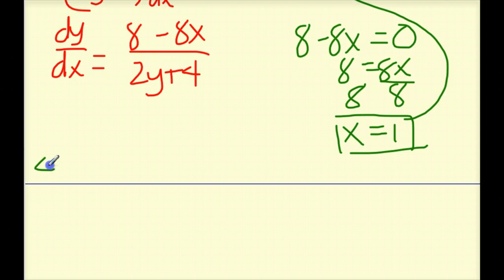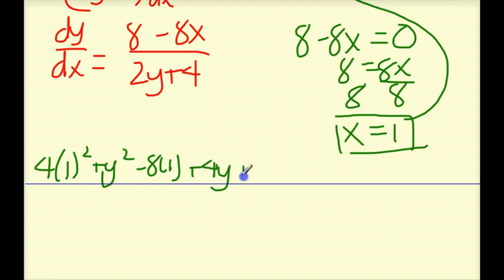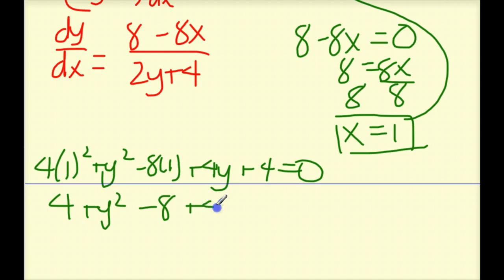So I'm going to get 4 times 1 squared plus y squared minus 8 times 1 plus 4y plus 4 equal to 0. So I get 4 plus y squared minus 8 plus 4y plus 4 is equal to 0. If you take a look, 4 plus 4 is equal to 8, but I need to subtract this 8, so all of these will end up canceling out.